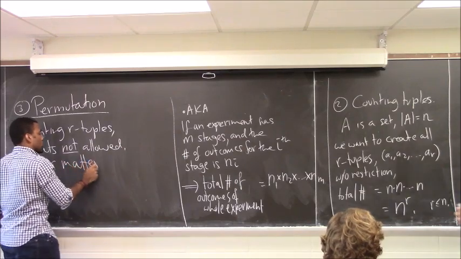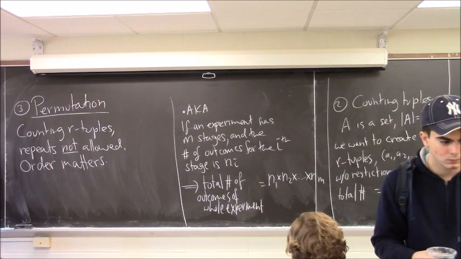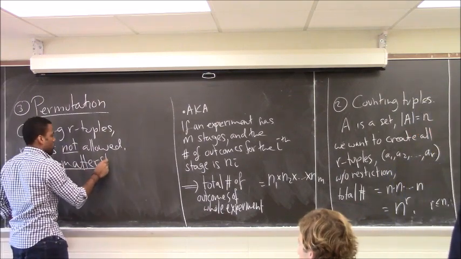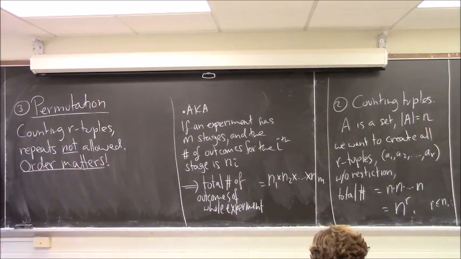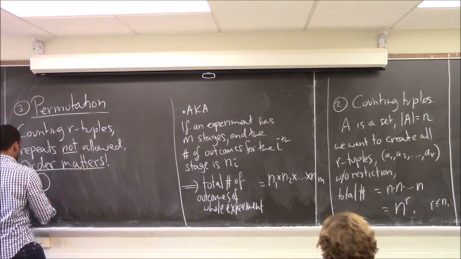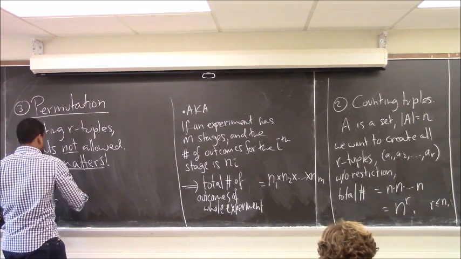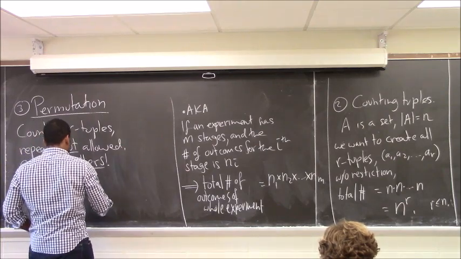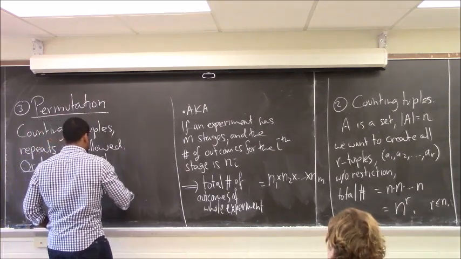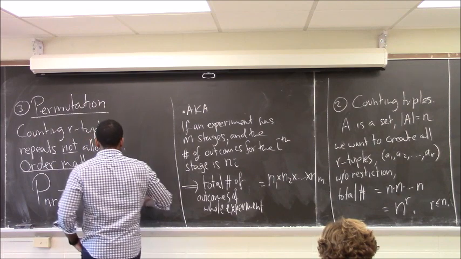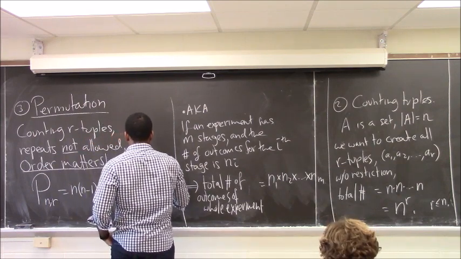The order in which you're writing these things down will matter. So we call that P(n, r), and that was just going to be the product of n times n minus 1 times n minus 2, multiplying all the way down to n minus r plus 1.